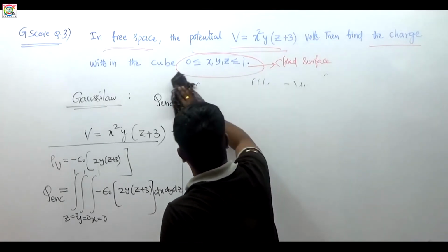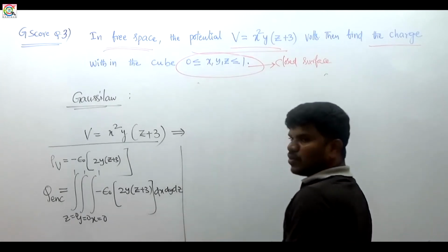Now simplify this. So this is the Q enclosed, right?